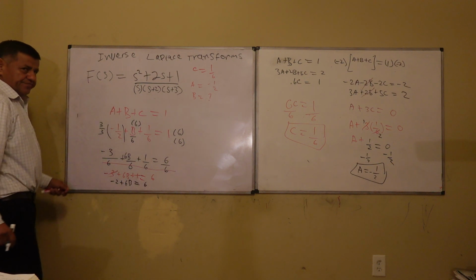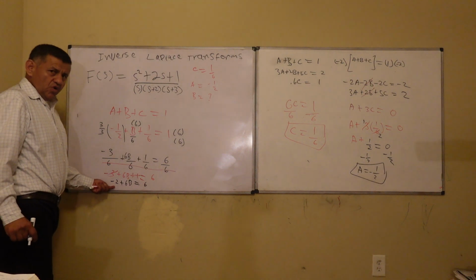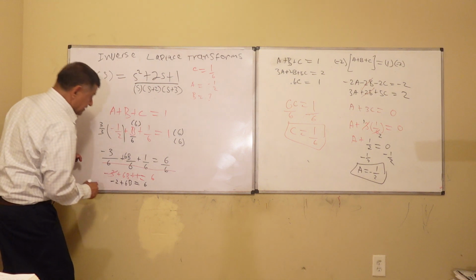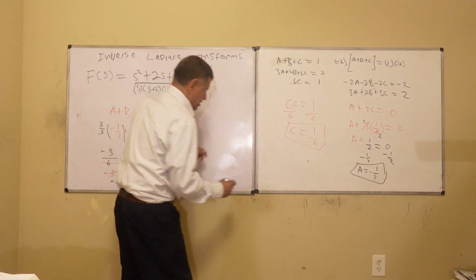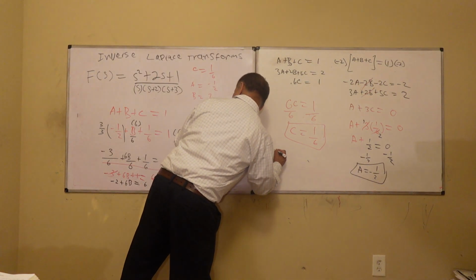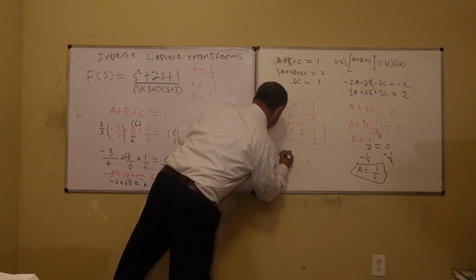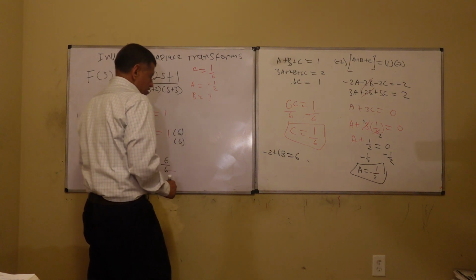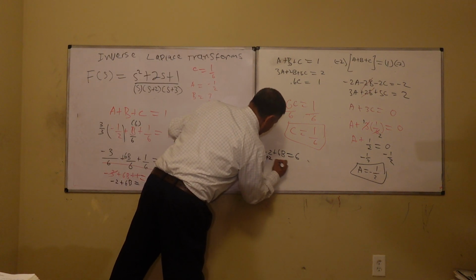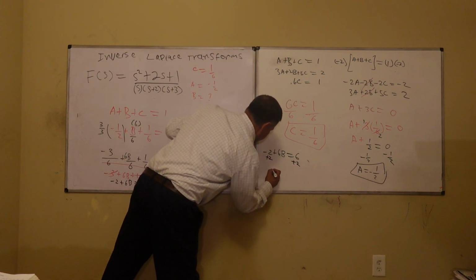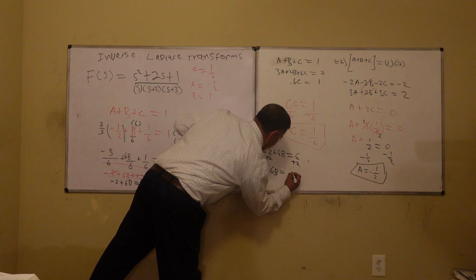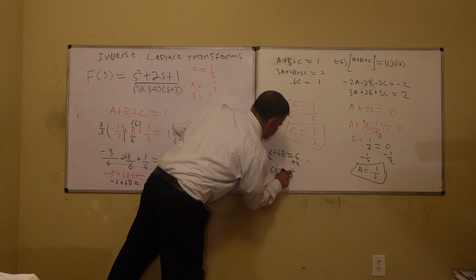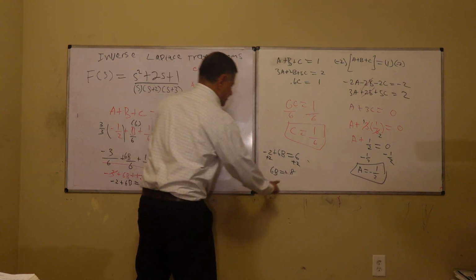Now move the 2 to the other side. So what do I get? Let me do it right here so it's clear. So negative 2 plus 6b equal to 6, right? So now plus 2 on both sides, and I get 6b equal to 8, just 8, right?